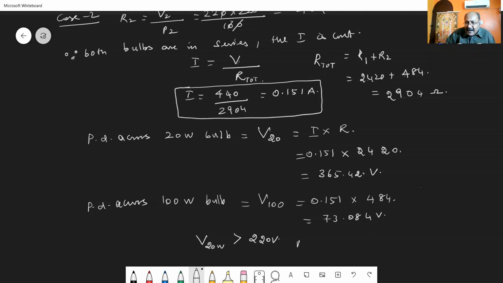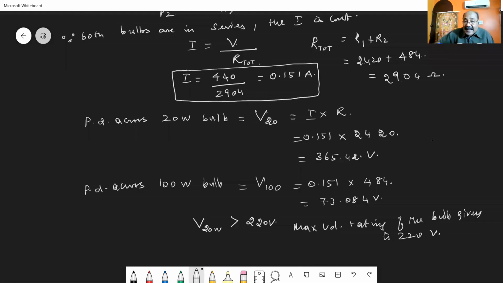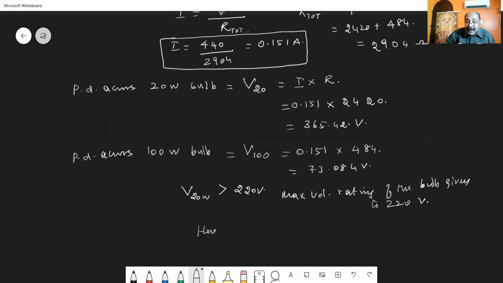From this we can say that the voltage across the 20 watt bulb is greater than 220 volt, because the maximum voltage rating of the bulb is given on the bulb, and that is 220 volt. But here, the voltage across the 20 watt bulb is 365.42, which is greater than 220 volt.